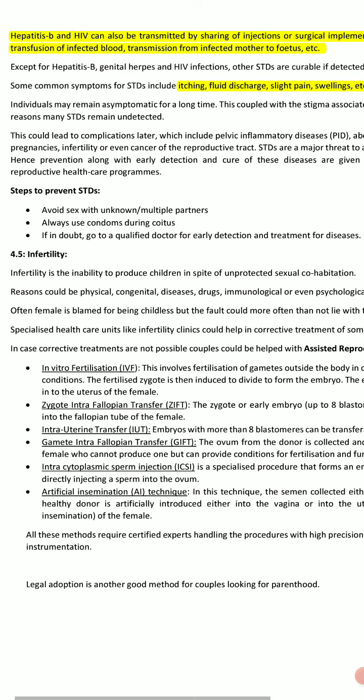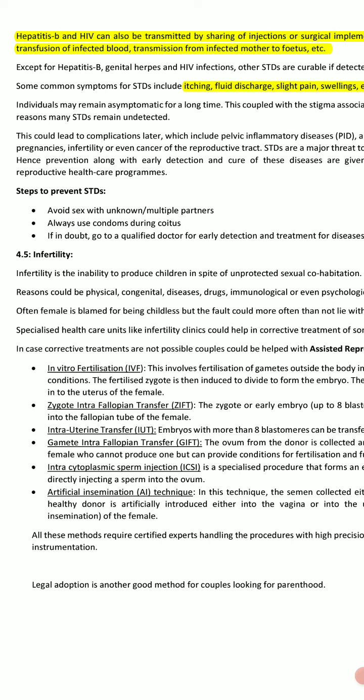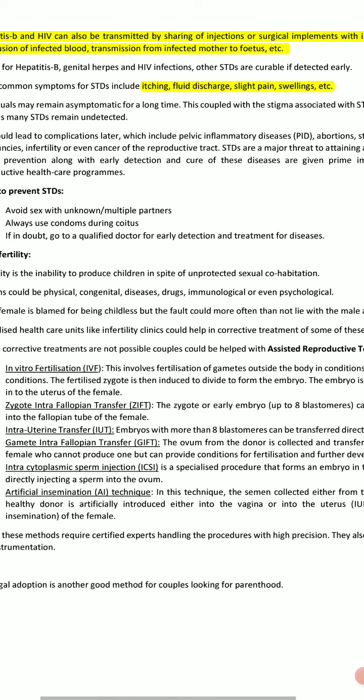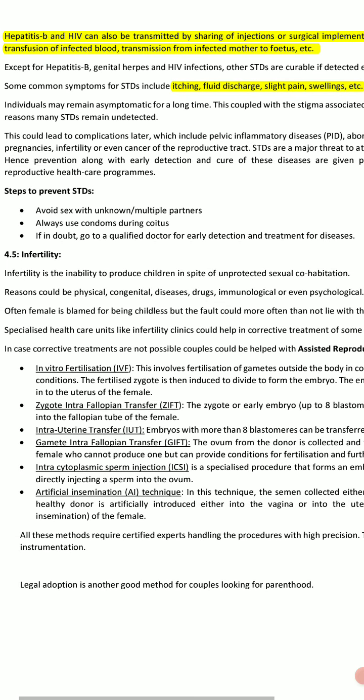So this is the prevention procedure for STDs: avoid sex with unknown or multiple partners, always use condoms during sexual intercourse, and if in doubt, go to a qualified doctor for early detection and treatment. So this is not important for your exam. The causes and symptoms are important for your exam.